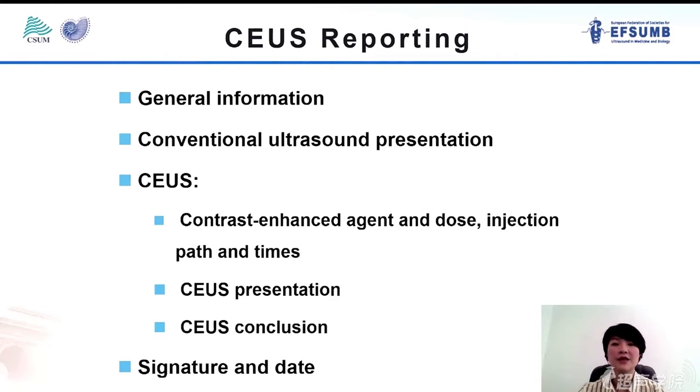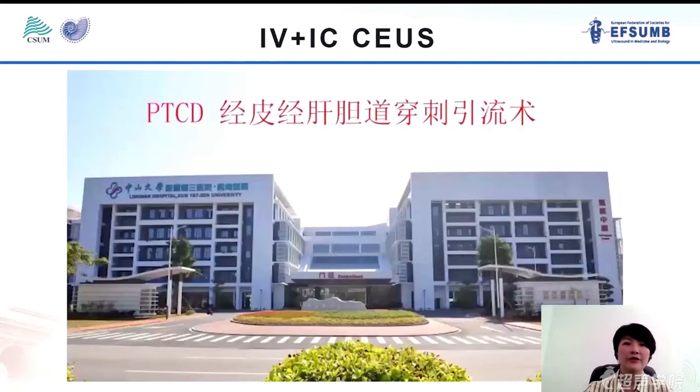After the CEUS examination, the CEUS report should cover the general information of the patient, conventional ultrasound presentation, and details of CEUS. Let's look at the clips to describe the process of CEUS in the biliary system. This patient is a 64-year-old male with jaundice and no pain for 2 months.